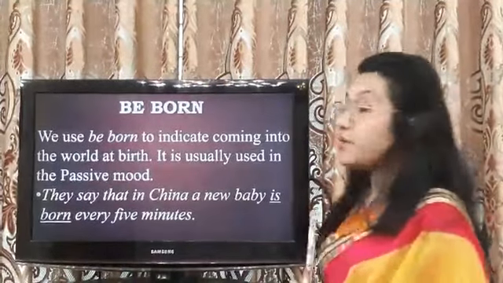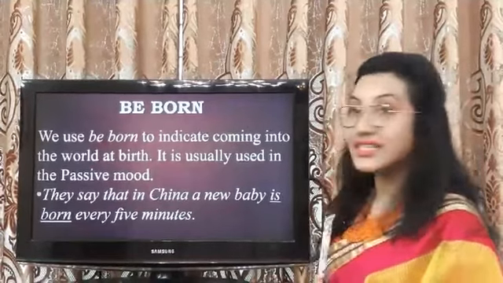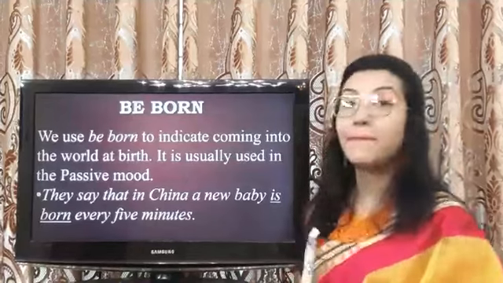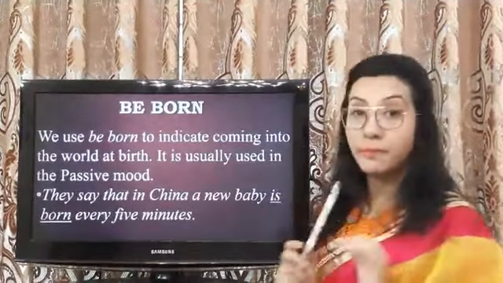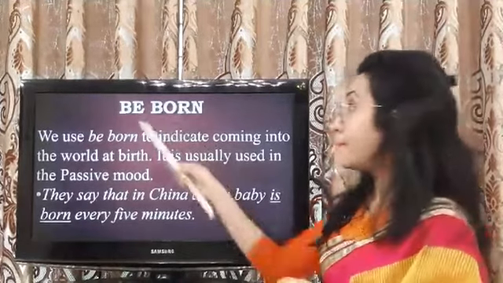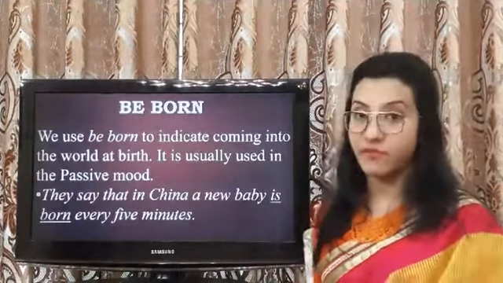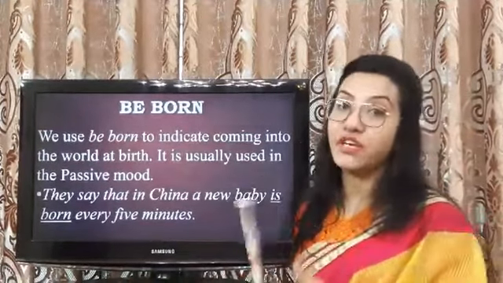We use be born to indicate coming into the world at birth. It is usually used in the passive mood. So we usually use be born or be verb, that means auxiliary verb plus born in passive mood. And what does that mean? This means that a child has been given birth.